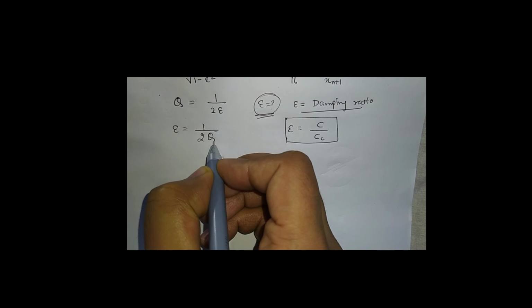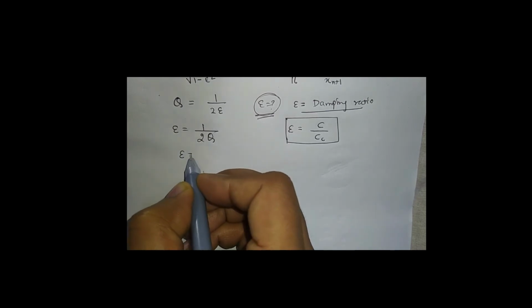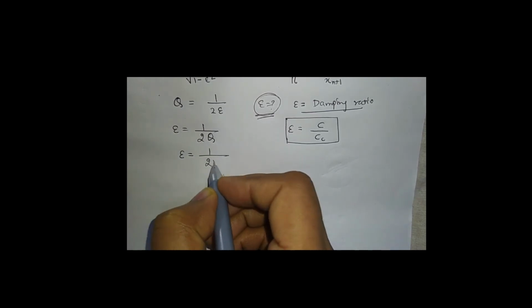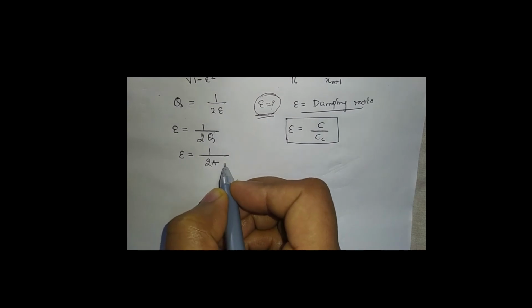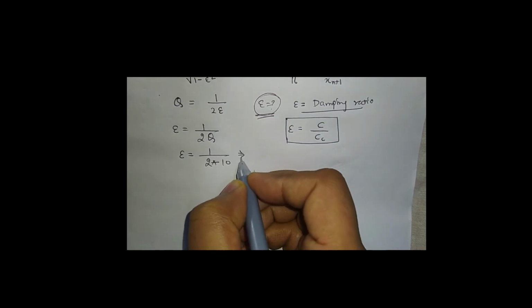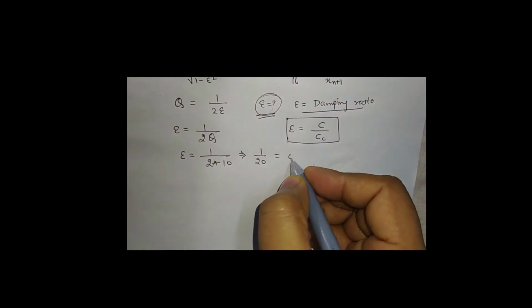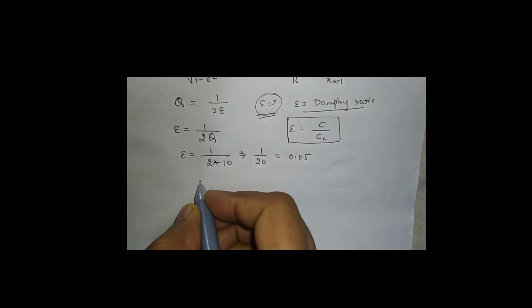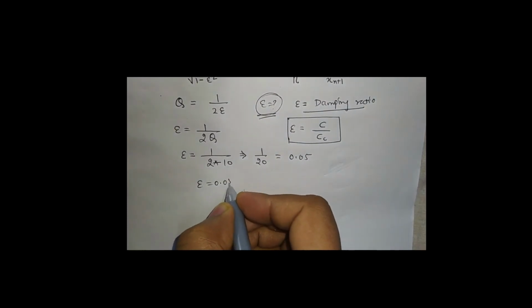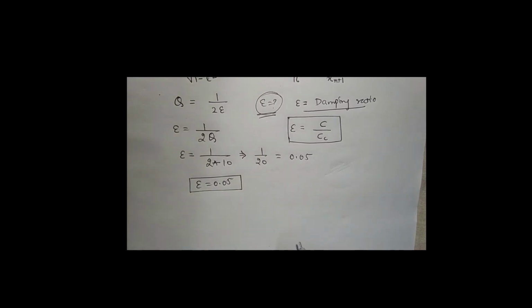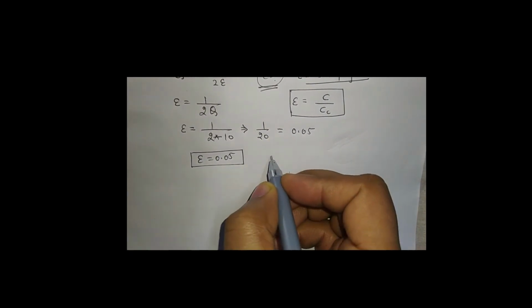So we can find E = 1 by 2Q. Damping ratio is 1 divided by 2 multiplied by the quality factor, which is 10, so we get 1 by 20, which is equal to 0.05. As the damping ratio is less than 1, it means the system is underdamped.